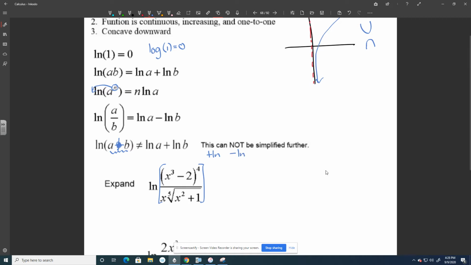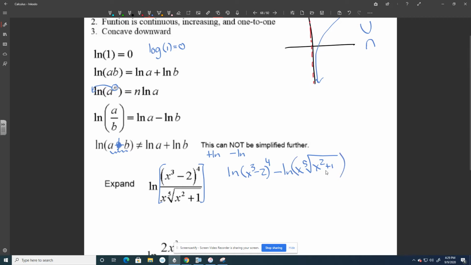Starting with the top, I'm just going to rewrite this as the natural log of (x cubed minus 2) raised to the 4th power. And then minus the bottom, minus the natural log of x times the 5th root of (x squared plus 1), and all of that is in my natural log.